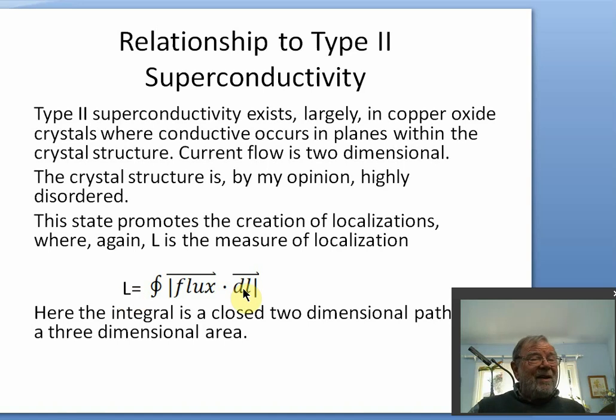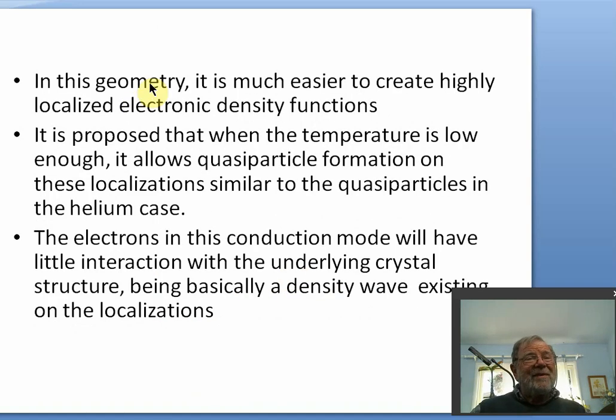But see here, it's a two-dimensional L around a closed two-dimensional surface. So here the integral is a closed two-dimensional path. In this geometry, it is much easier to create highly localized electronic density functions, and you only have to make a two-dimensional path to create a localization.